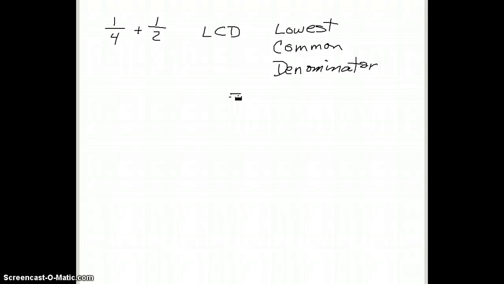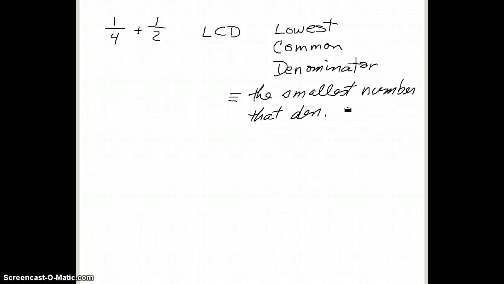This is defined as the smallest number that each denominator divides into.